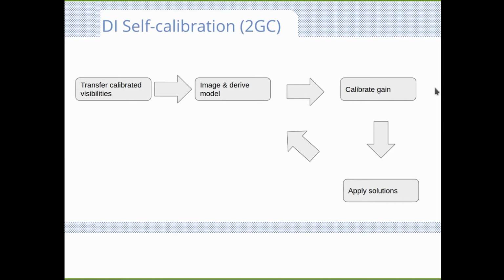So we typically start off with longer intervals, and as our model improves, we work our way back to finer intervals. Then we take those solutions, apply them to our target field, and go back and re-image and rederive a next model if necessary. If you're happy with the final quality of your image, if you can do your science, then you stop.